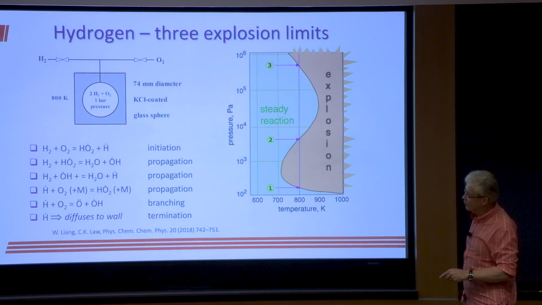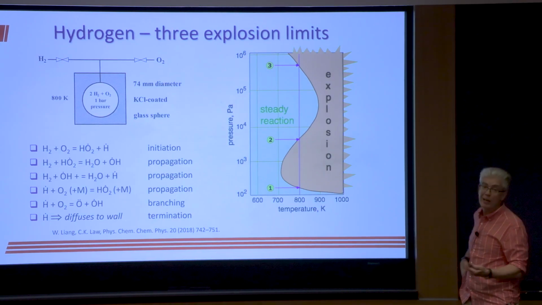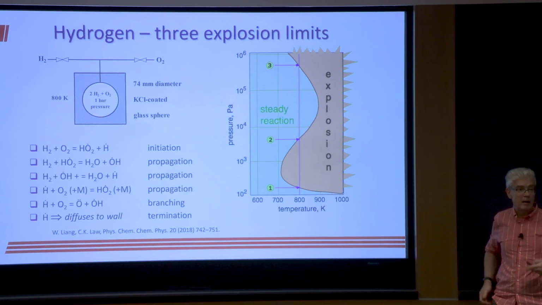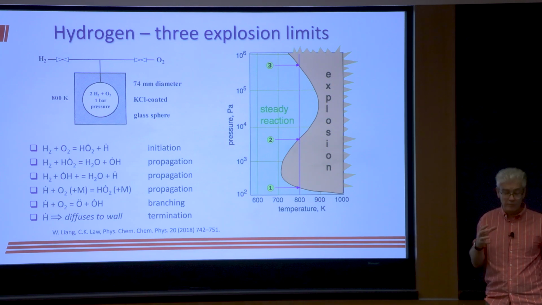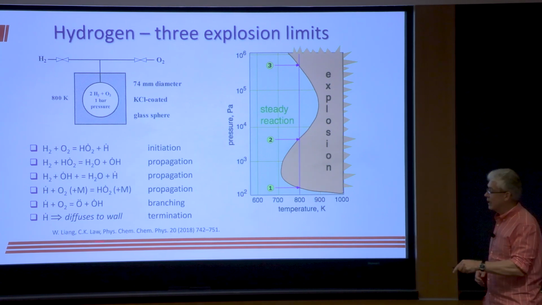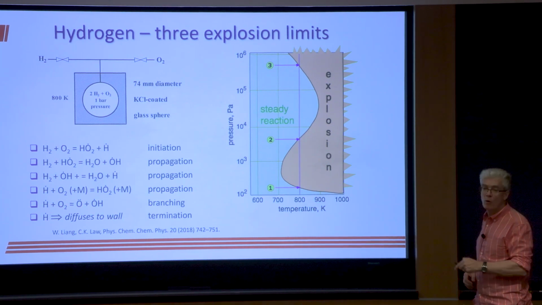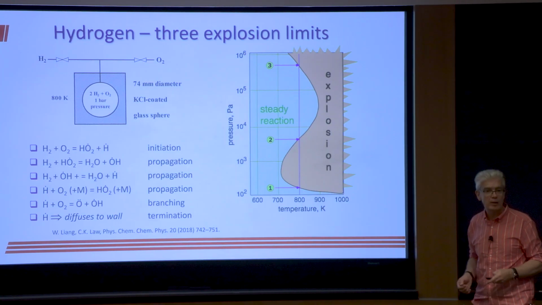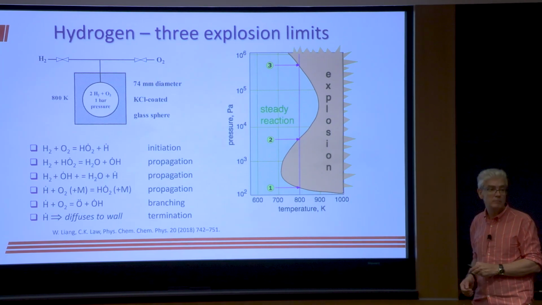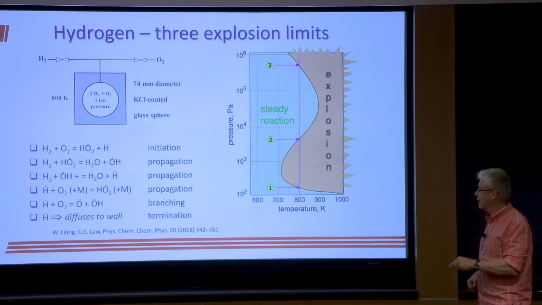in regime 1 to 2, you have now sufficient concentration of the species, sufficient density in the system, that H reacts with O2 to give O plus OH in the chain branching reaction, and you get explosion. So you get that branching, and you get explosion.